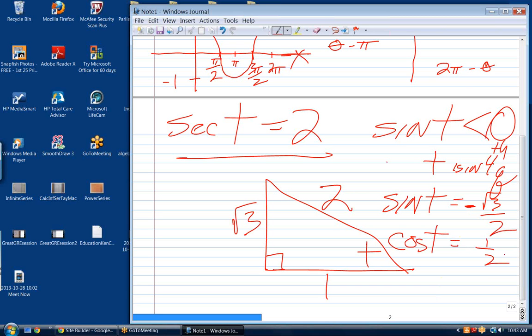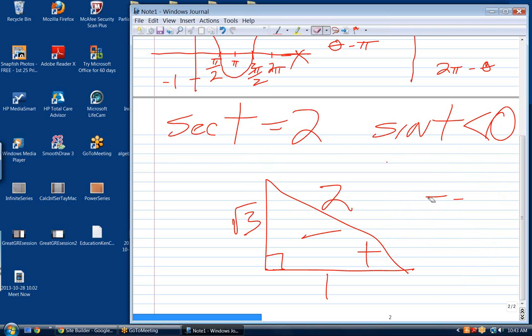Correct, positive in the fourth. So that's all you do: you come up with the number based on the triangle, and you come up with the sign based on which quadrant it's in. And this is about as tricky as they get, where they don't tell you the quadrant, they just tell you that another function is plus or minus and force you to figure out the quadrant.